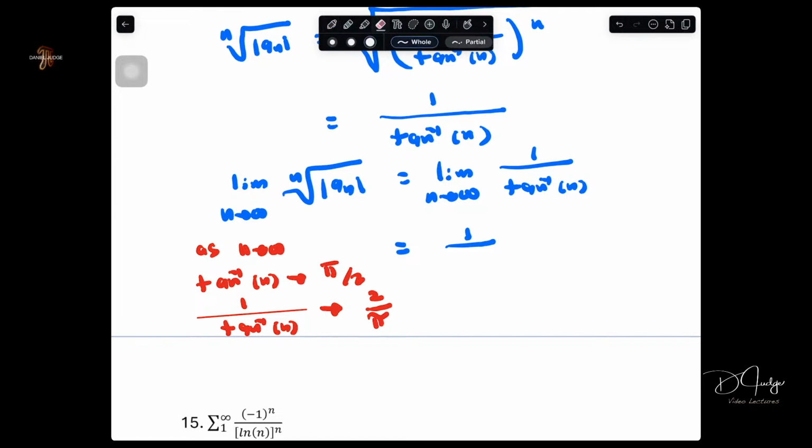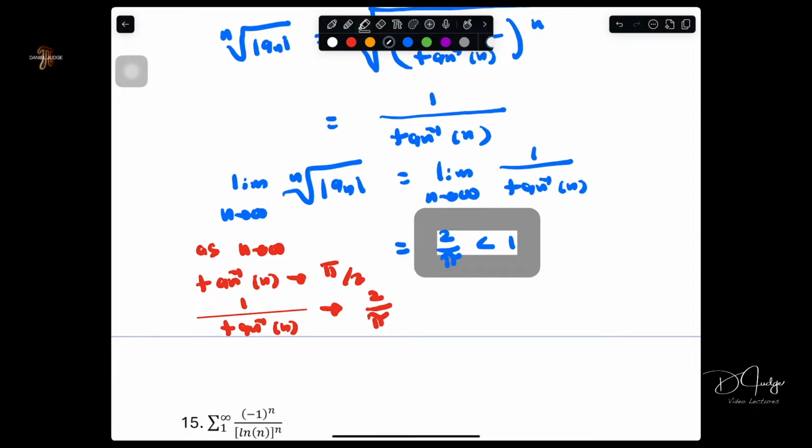So this limit's going to be 2 over pi. Now remember, pi is approximately 3.14, which means this limit is less than 1, and that's what we're looking for. Our value, the limit is 2 over pi, and that number is smaller than 1. So we're going to get convergence, ladies and gentlemen.